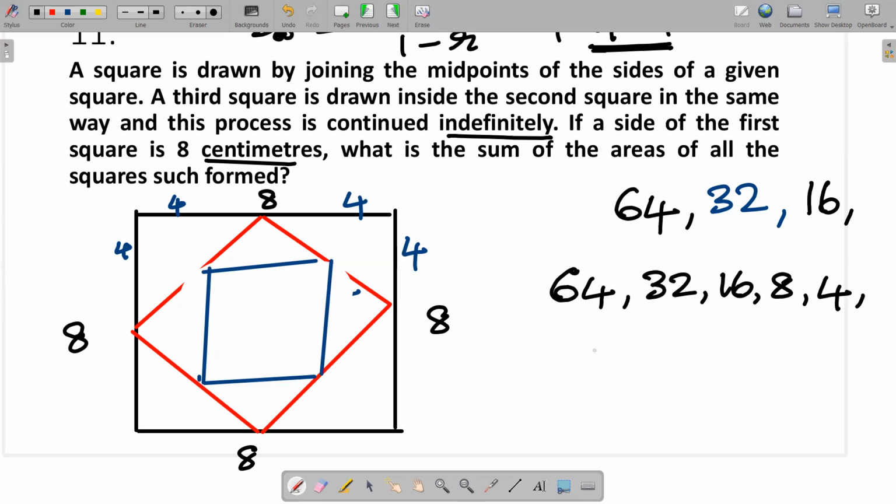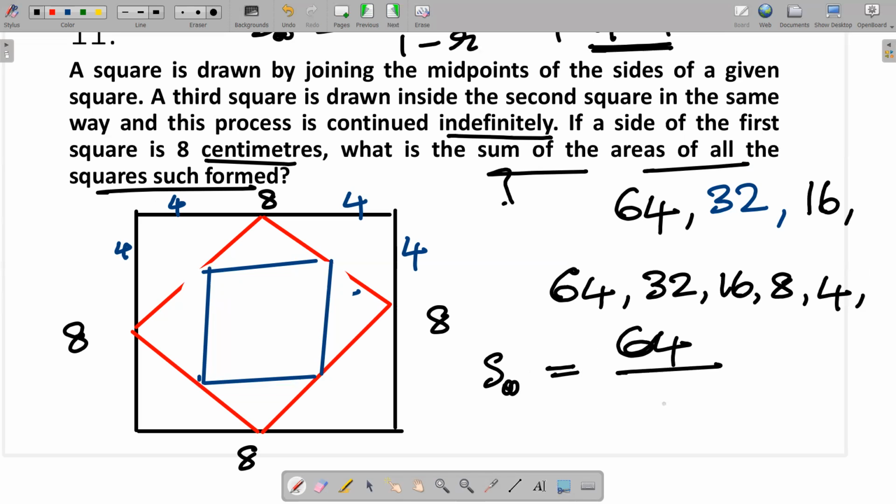Here, for the sum to infinity, you are asked to find the sum of the areas of all these squares formed. That will be nothing but a, that is 64, by 1 minus the common ratio, which is 1 by 2. So this is 64 by 1 minus 1 by 2.